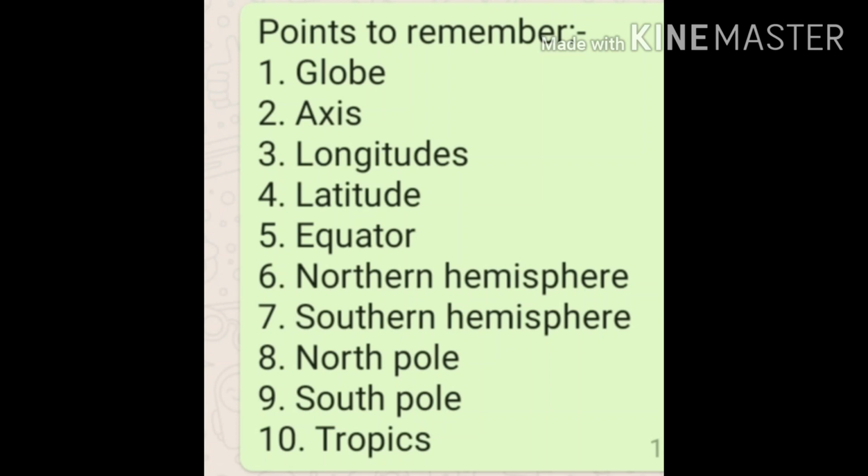And the axis pointing in north direction is the north pole, students, and the axis pointing in south direction is the south pole. Then we have two tropics. These are also two important latitudes. In the northern part we have Tropic of Cancer, and in south we have Tropic of Capricorn.